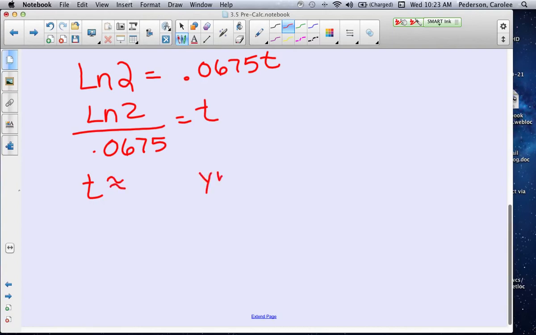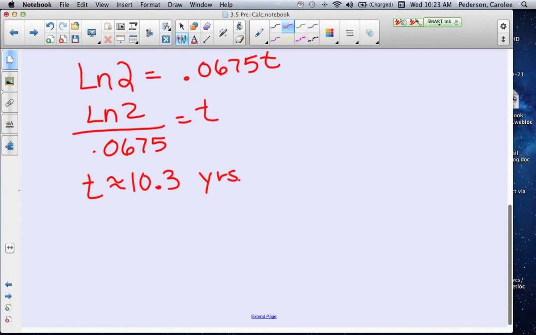Approximately how many years will it take for my money to double? You get about 10 years? 10.3 years, about. Now, part B just says it's going to triple. What would be the only difference in that problem? Put a 3 instead of a 2.